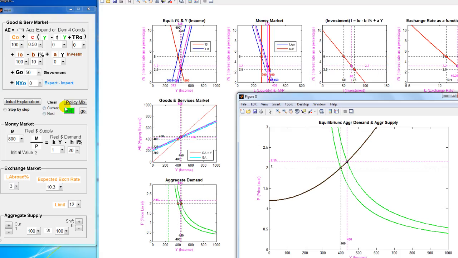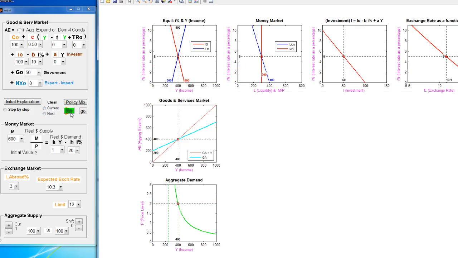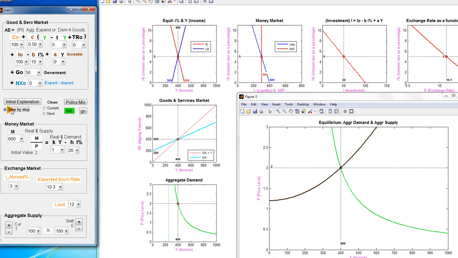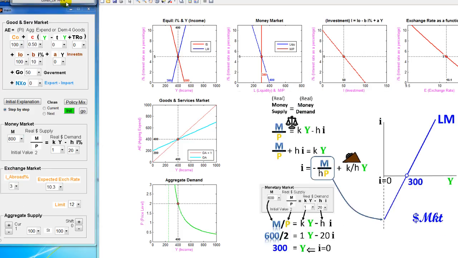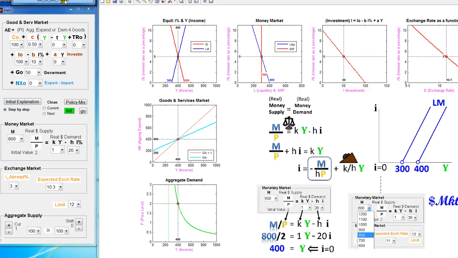So now we are going to see this in detail and the propagation in the rest of the graph. So let's start from scratch, and now let's go step by step, and we increase money supply from 600 to 800, and then we will go fast now because we have seen this in previous videos.